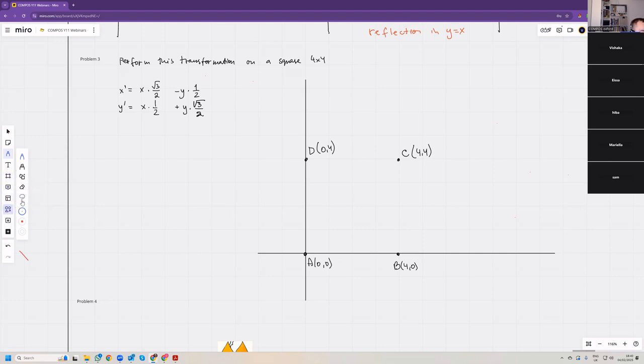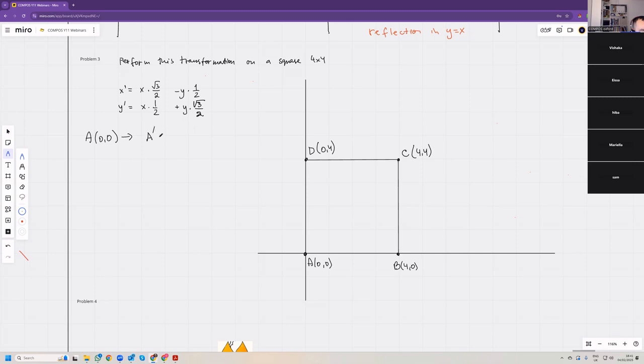And then I just need to connect the dots. Good.